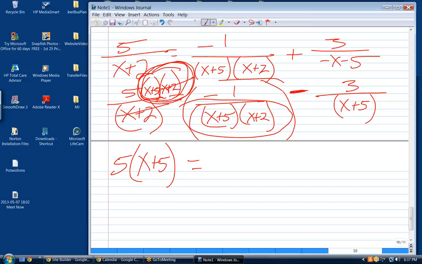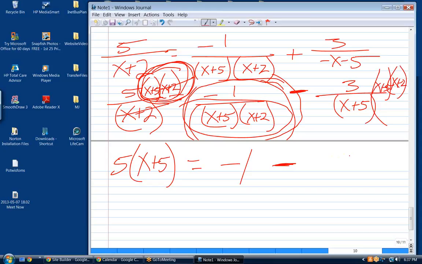So the first thing I have to multiply the right side of the equation by is that. Multiply it by x plus 5 times x plus 2 cancels. I'm left with minus 1. Minus, I've got to multiply this term also by x plus 5 times x plus 2.